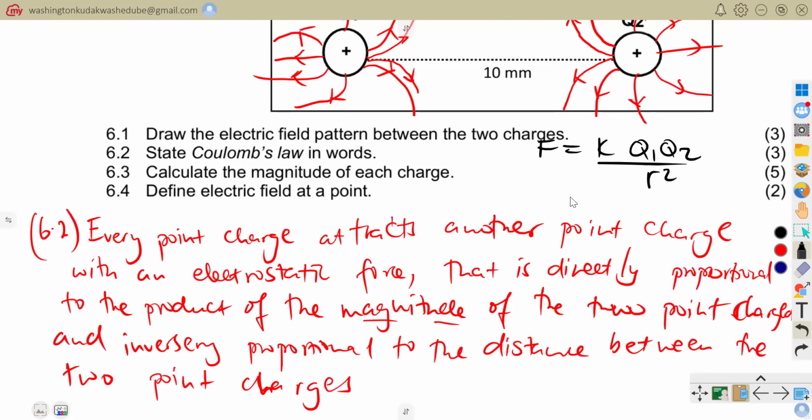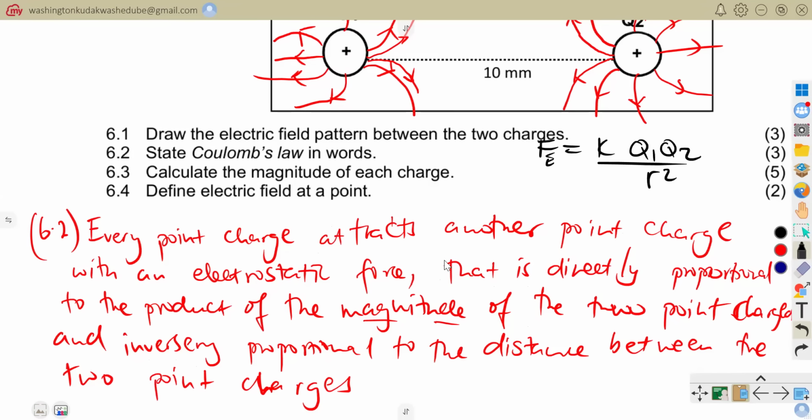So this is the electrostatic force. Every point charge attracts another point charge with an electrostatic force that is directly proportional to the product of the magnitude of the 2-point charges and inversely proportional to the distance between.